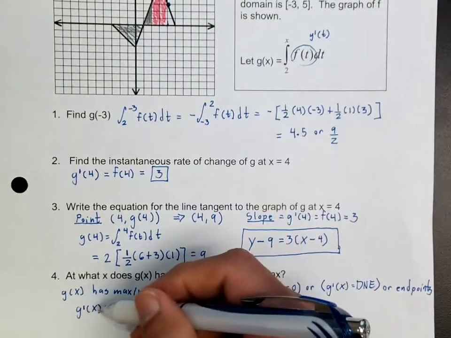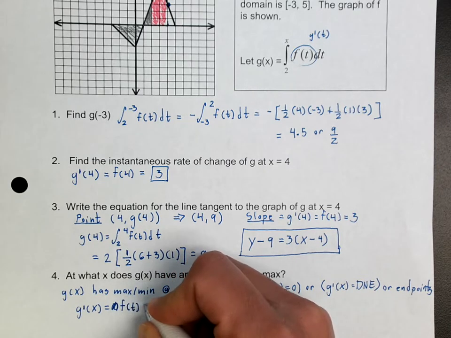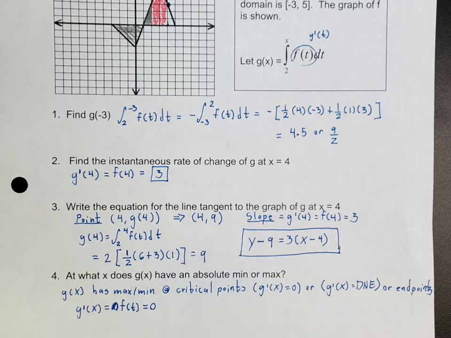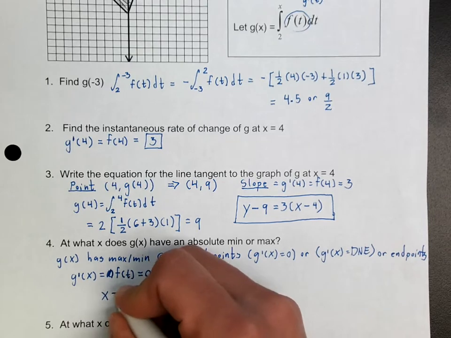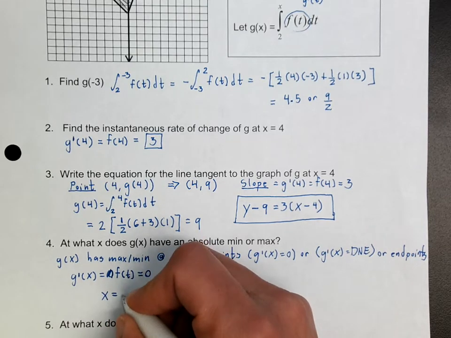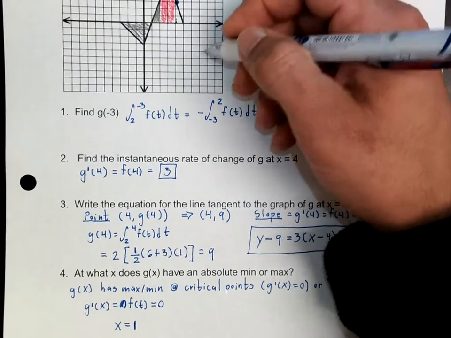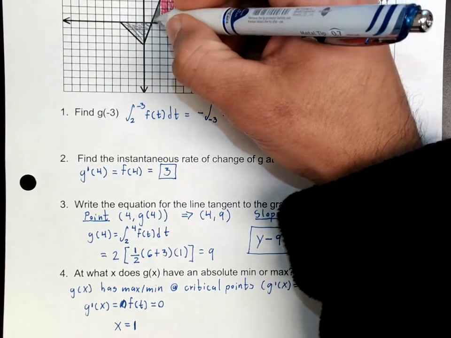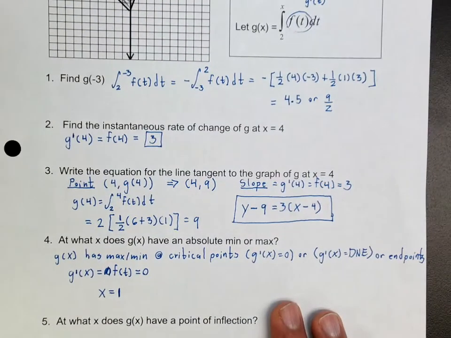Remember that g prime of x is the same thing as f of t, or f of t is equal to 0. So I'm trying to figure out, I mean, this one's not too bad. You can see that right here, right? f of t is equal to 0. It's right here on that point. I hope you can see my hand right there. So right there, x is equal to 1.